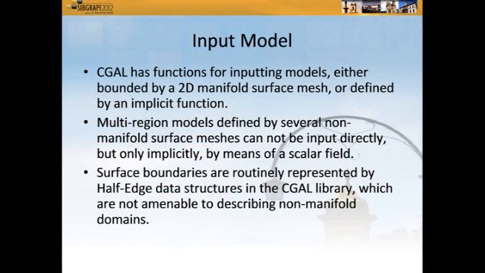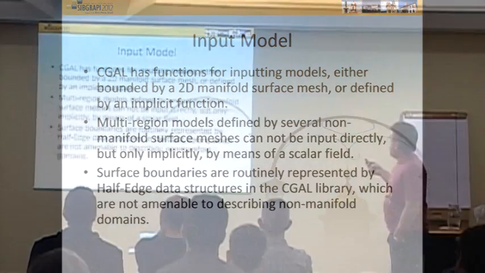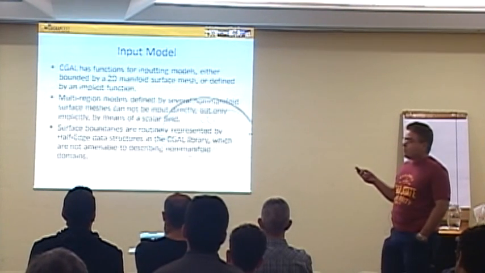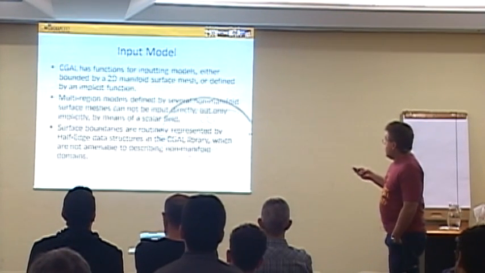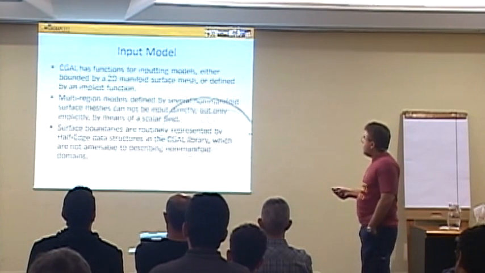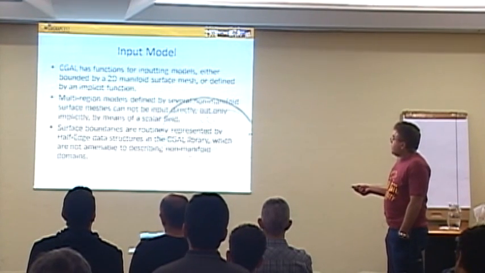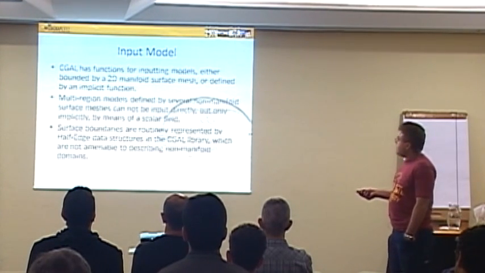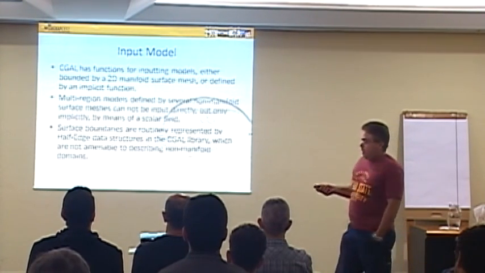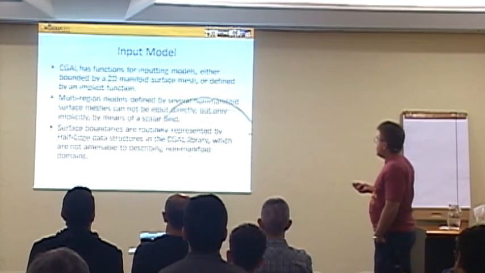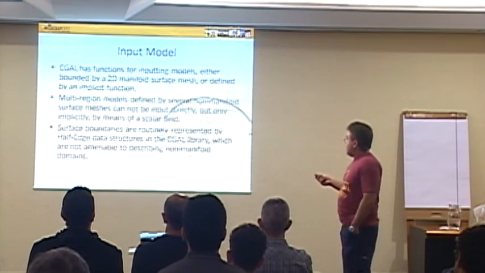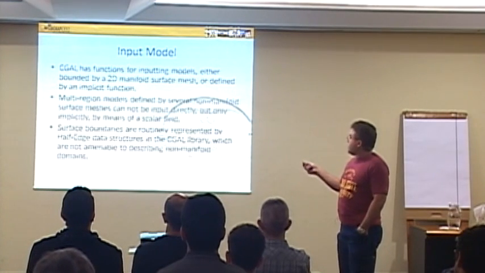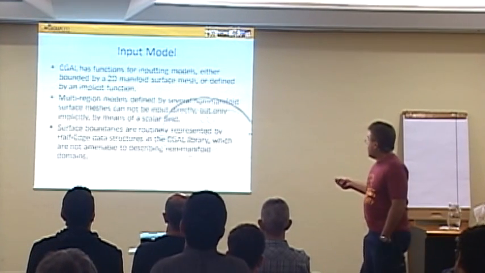As I have said before, CGAL has functions for input models, either bounded by 2D manifold meshes, or by means of an implicit function. In our case, we are interested in multi-region models defined by several non-manifold surface meshes. And they cannot be input directly in CGAL, but only by means of an implicit function or a scalar field.